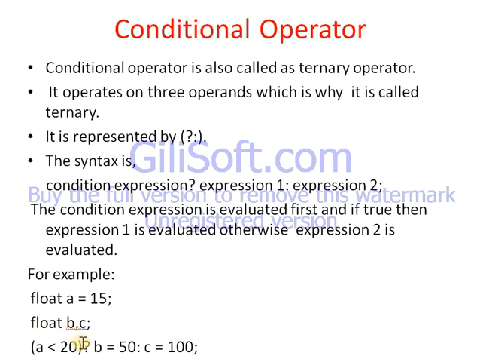So first the condition A less than 20 is executed. Yes, this results true, so expression 1 will be executed, means B gets the value 50. So the value 50 is assigned to B. This is a conditional operator.